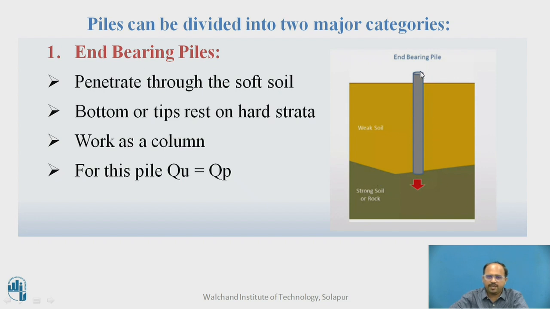So the end bearing pile acts like a column. For this pile, Qu is equal to Qp. Qu is the ultimate load coming from the superstructure, and that complete load is equal to the end bearing of the pile, which we call Qp.